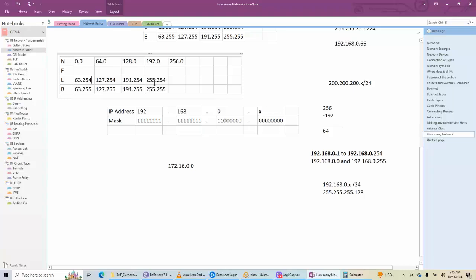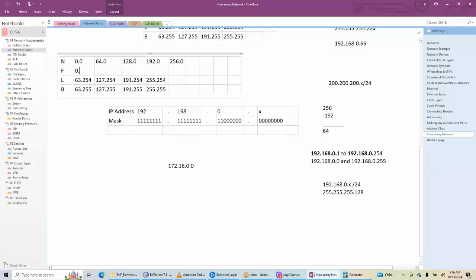I want you to understand how many networks are possible here, because we are going through 1 octet, and that gives us 250-some networks at 254 hosts each. That's a lot of IP addresses.